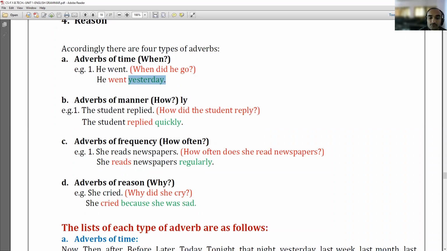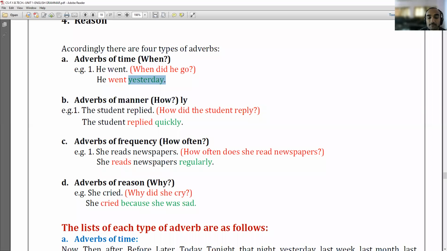So here there is no adverb of frequency. So if we add here daily, She reads newspaper daily. ती दररोज वर्तमानपत्र वाचते. So we can say that how often, when we are asking the question to that sentence beginning with how often does she read newspaper? ती न्यूजपेपर किती वेळा वाचते किंवा कधी वाचते तर डेली.